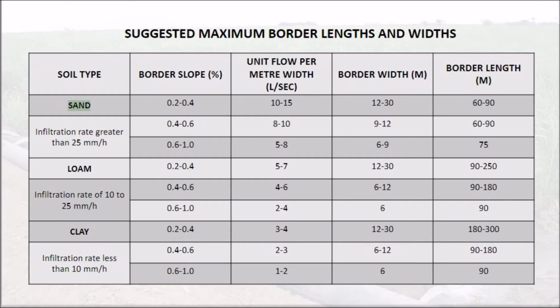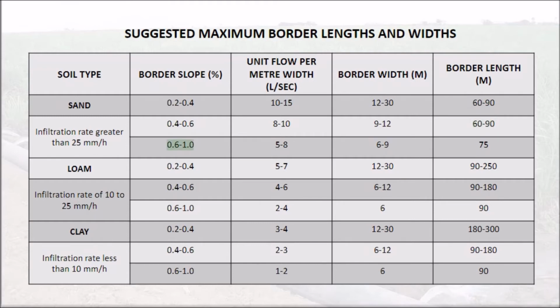Sand, infiltration rate greater than 25 mm/h: slope 0.2 to 0.4, flow 10 to 15, width 12 to 30, length 60 to 90. Slope 0.4 to 0.6, flow 8 to 10, width 9 to 12, length 60 to 90.